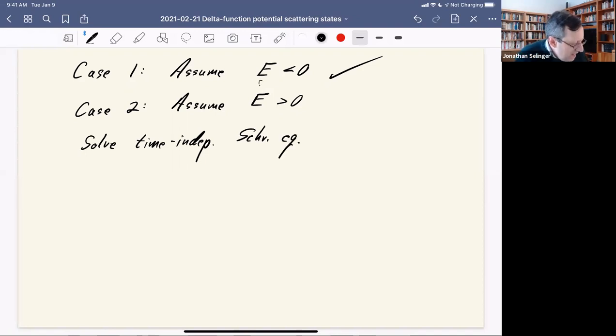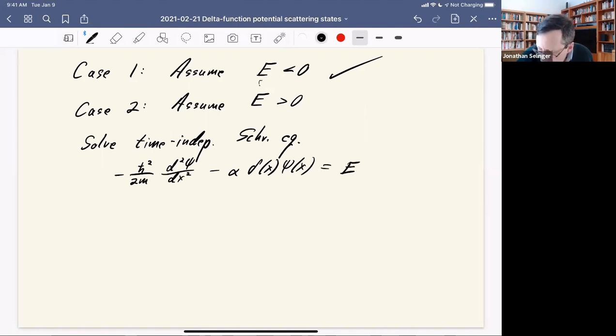So the time-independent Schrodinger equation is that negative h bar squared over 2m times the second derivative of the wave function minus alpha delta of x, that's the potential energy, times the wave function, is equal to E times the wave function.